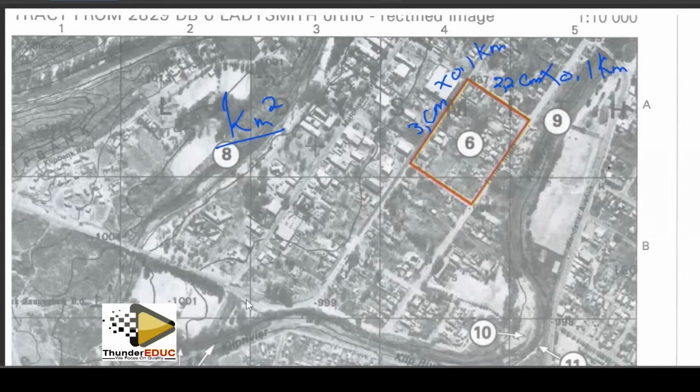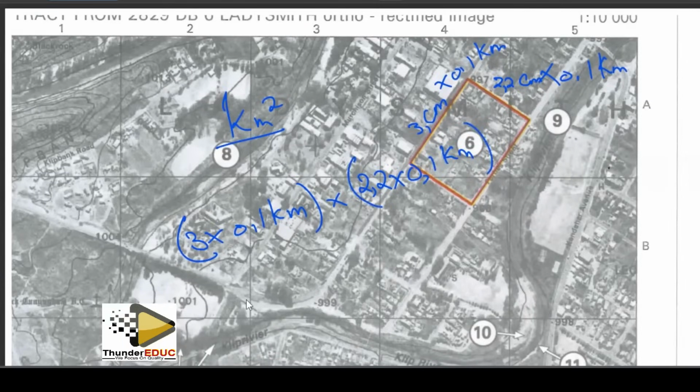Your answer will be in kilometers. If it was a topographic map, you would multiply it by 0.5. So we are saying it's 3 times 0.1 kilometers as your length. We multiply 2.2 by 0.1 kilometers as well.